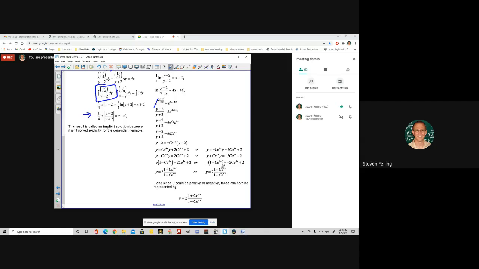But because the constant could be positive or negative, you can just represent that as one is positive and one is negative. So this is a representation for all the solutions where this has been solved for y.